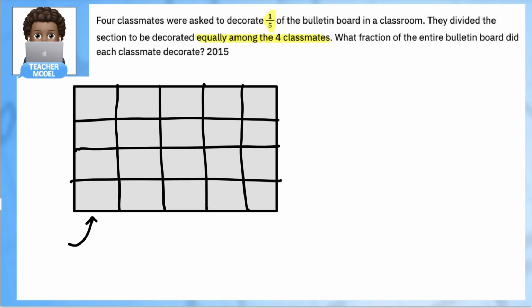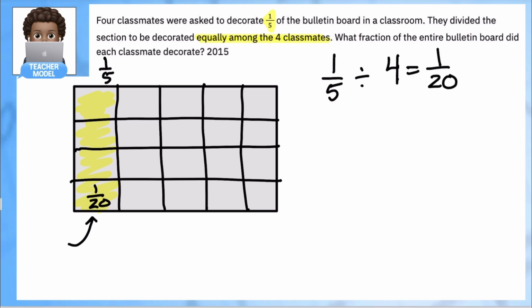So here's the part we were talking about. This is our 1/5. So how much does each person get in this model? Each person gets 1 piece out of 20. So that's what each person gets. So I have 1/5 divided by 4 is equal to 1 over 20.